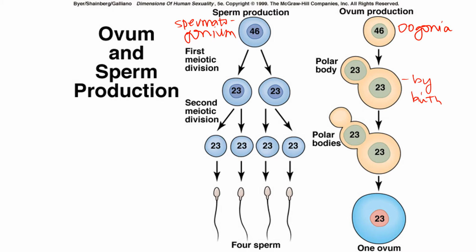So she already has her primary oocytes developed. At puberty, those will start developing monthly into secondary oocytes. And the only time we ever complete this process down here is when? Only if fertilization occurs. If there's no fertilization, this secondary oocyte right here is the end of the story.